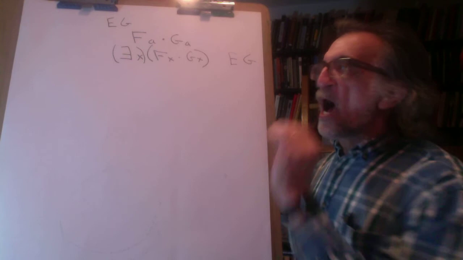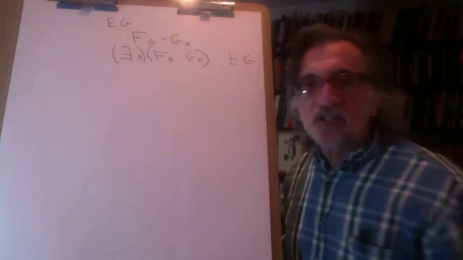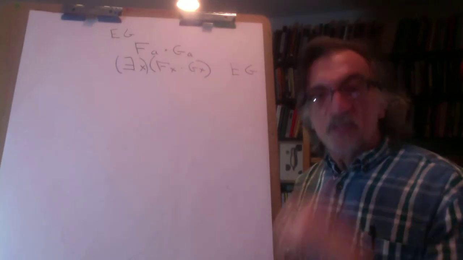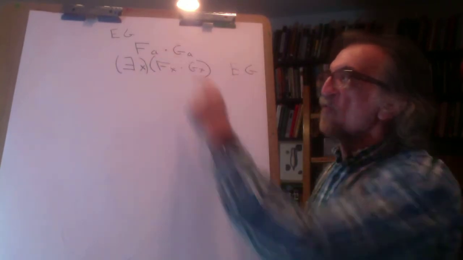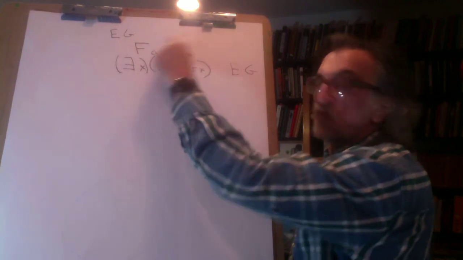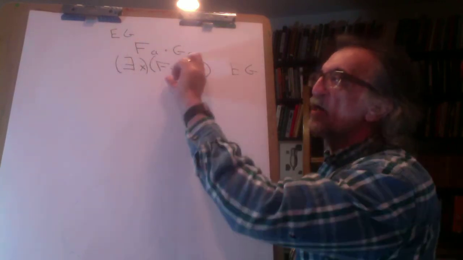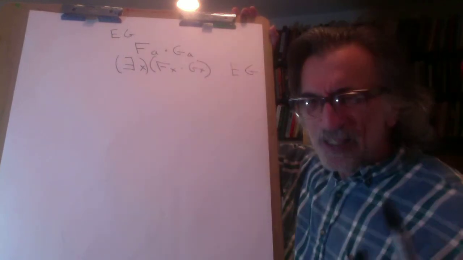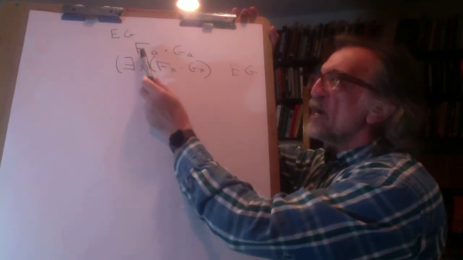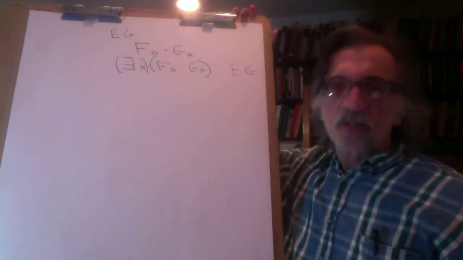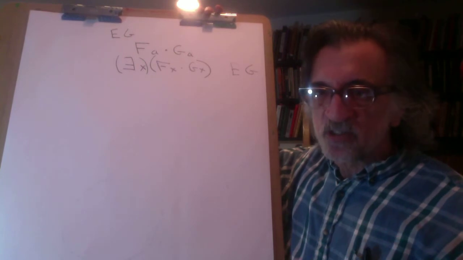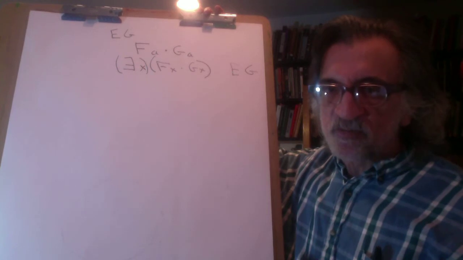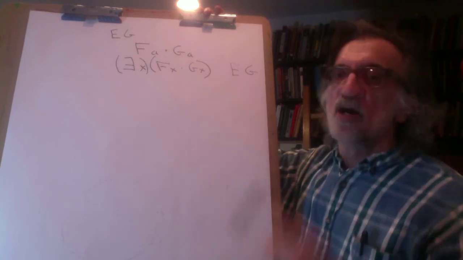When you see a single name attached to a given predicate, you're entitled to infer that there exists at least one. You're entitled to go from the language of what is really propositional logic to the language of first-order logic. And let me clarify one thing that might be confusing. When I say Fa and Ga is more or less propositional logic, I know that Fa doesn't look like a statement in propositional logic where we have a single letter for a statement.